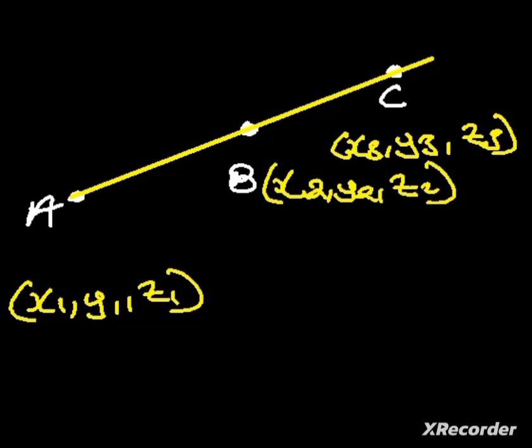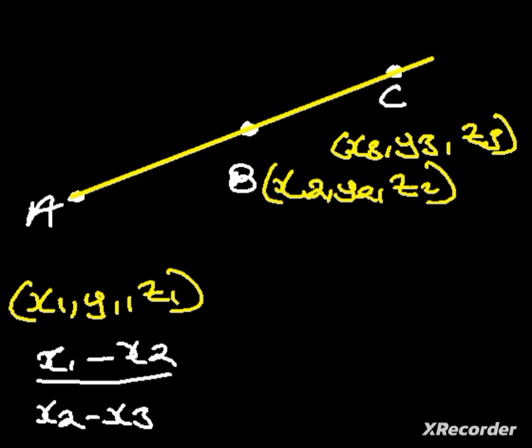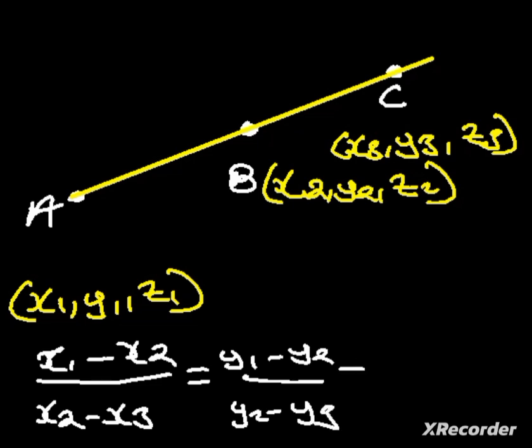Here is the way to go. x1 minus x2, divided by x2 minus x3, has to be equal to y1 minus y2 divided by y2 minus y3, and that should be equal to z1 minus z2 divided by z2 minus z3.